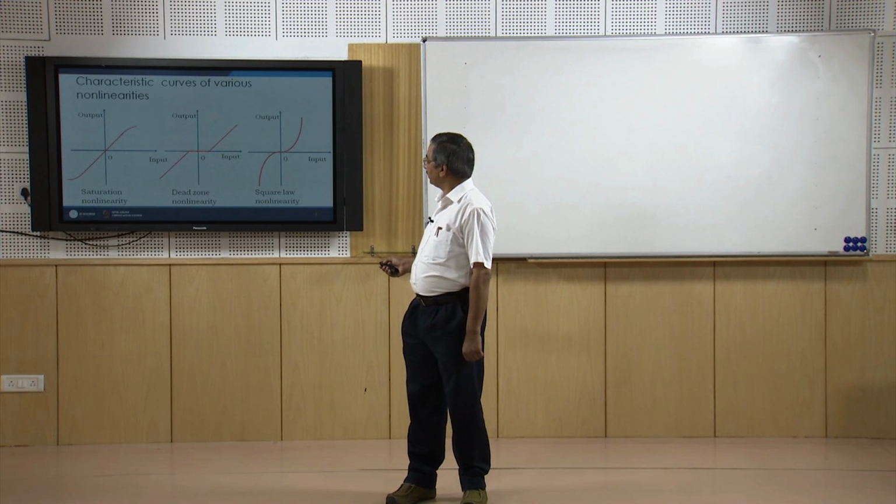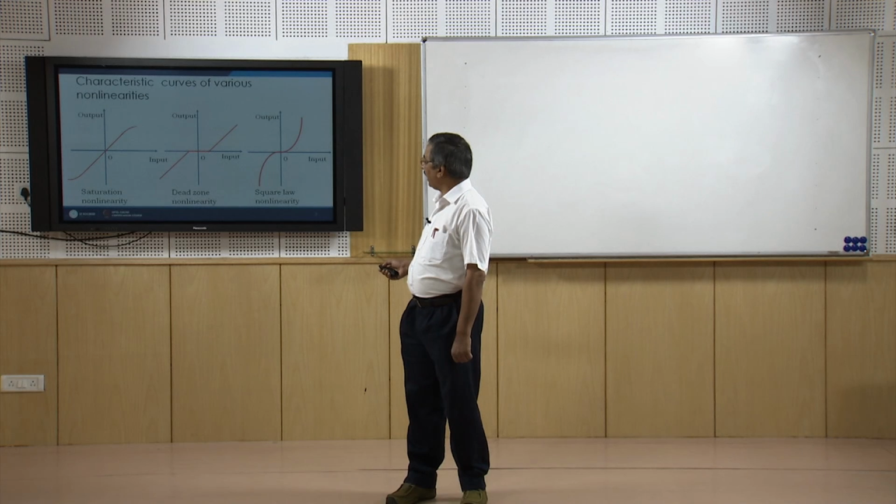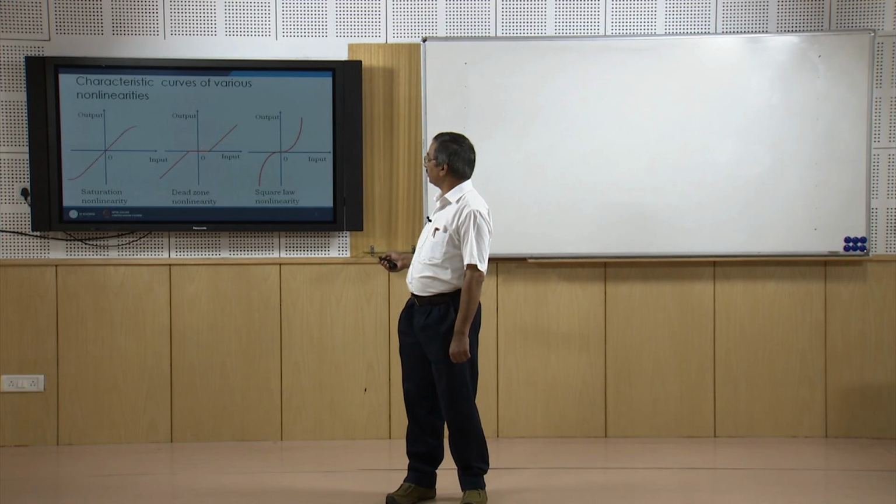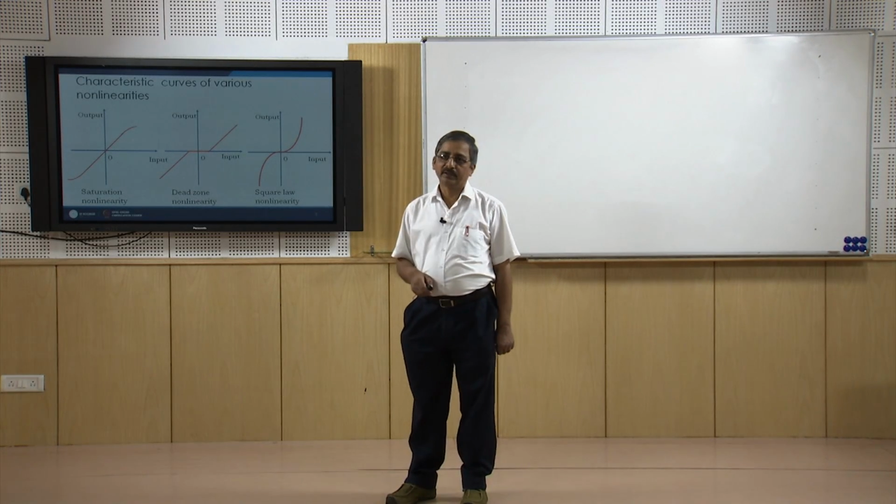In this graph, for a certain range of input there is no output response, and after some time the output changes with increase in input. This is dead zone non-linearity, where there is no output for the given input.